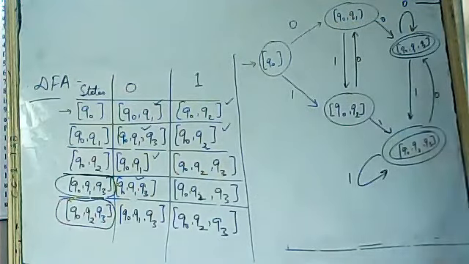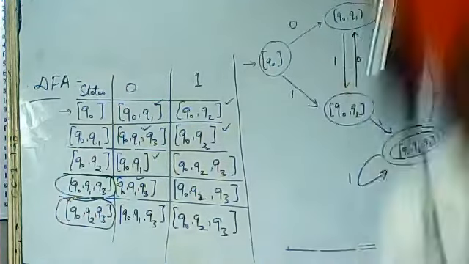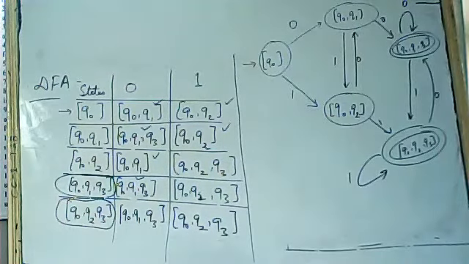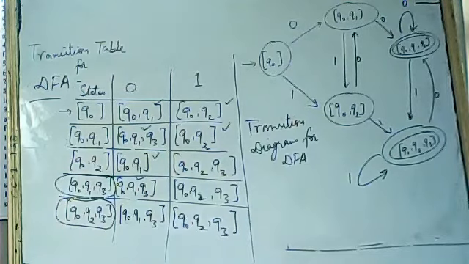So this is the transition diagram for DFA. So your question has been completed. Here you can see the transition table for DFA and the corresponding transition diagram for DFA. So this is done for today.